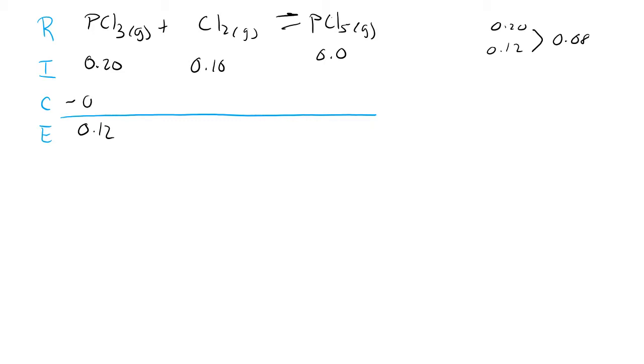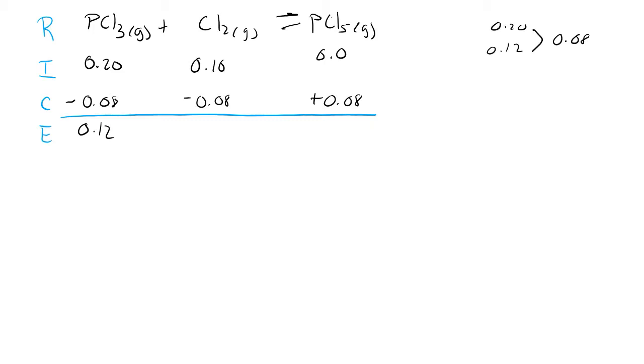So we want to subtract 0.08, subtract 0.08, add 0.08. And you want to keep that value consistent across all compounds. Now, what you need to keep in mind is if there was a stoichiometric, like balanced reaction, you want to use that coefficient in addition to that change.